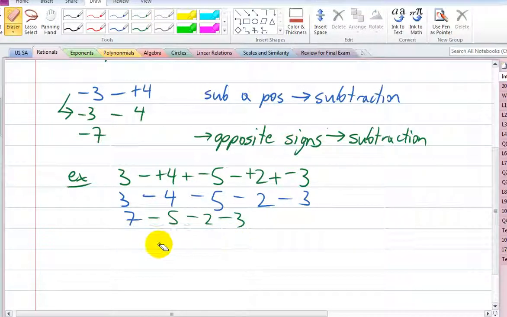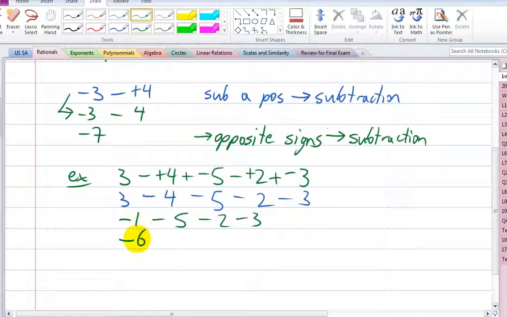I'm adding 3 minus 4. Negative 1. Minus 5, minus 2, minus 3. Okay, negative 1 minus 5, negative 6, minus 2 minus 3, negative 8 minus 3, negative 11.